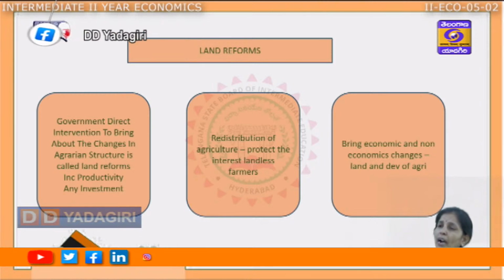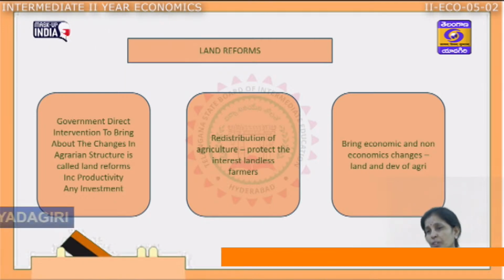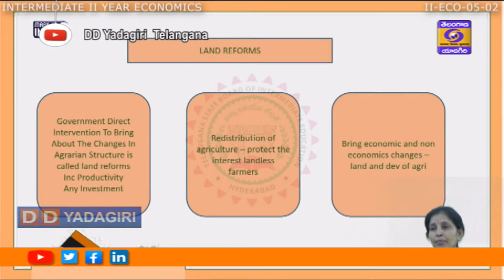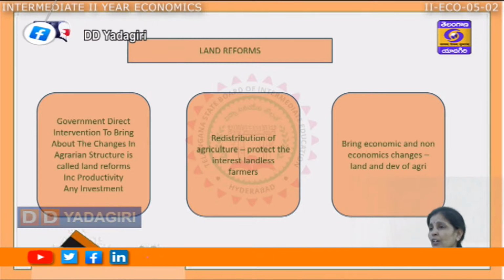So here we emphasize redistribution of agricultural land so that there is equal distribution and landless farmers also have their share in agricultural land. There is one more meaning of land reforms: the main objective is to bring economic and non-economic changes on the land for the development of agriculture.